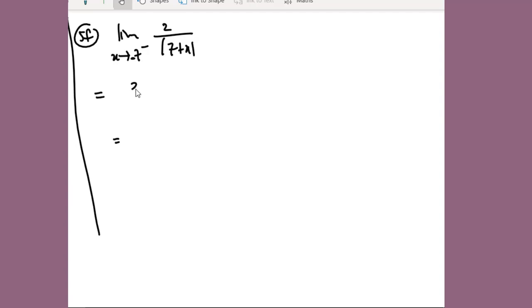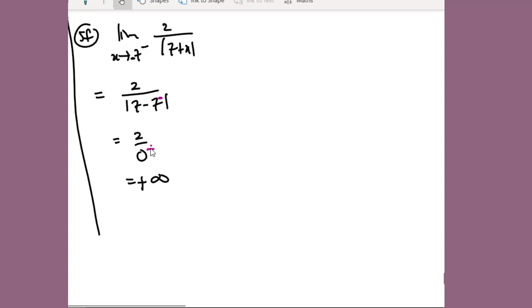For number 5f, limit of this function as x approaches negative 7 from left. Substitute: 2 over 7 minus 7, where this 7 is negative. Then you get 2 over 0 and get infinity, right? Positive infinity. Why? Because of the absolute value, which always gives positive infinity.